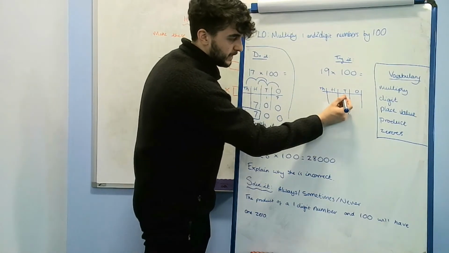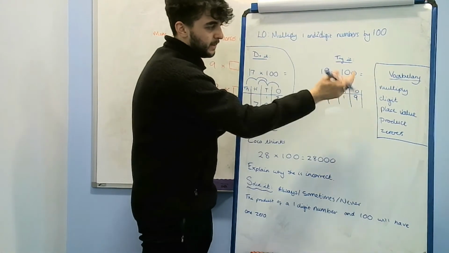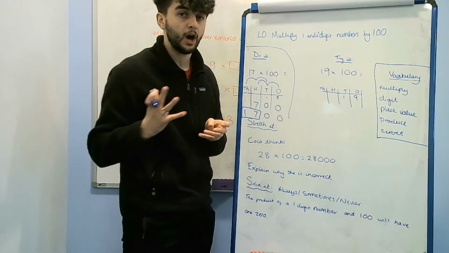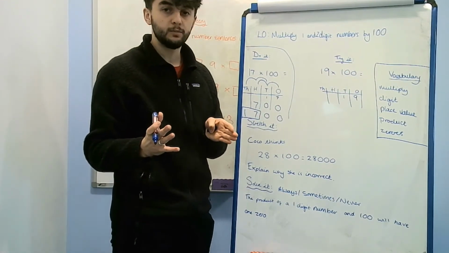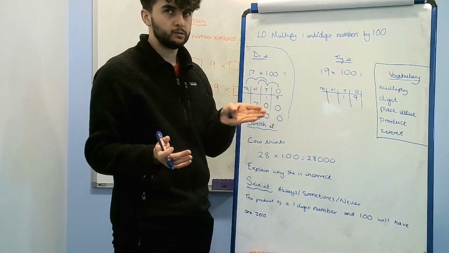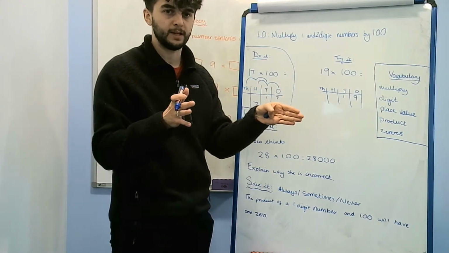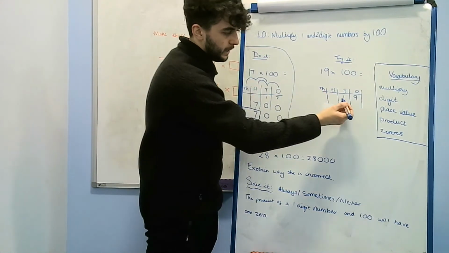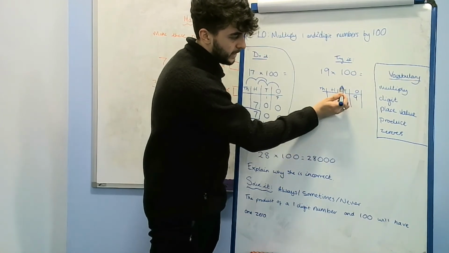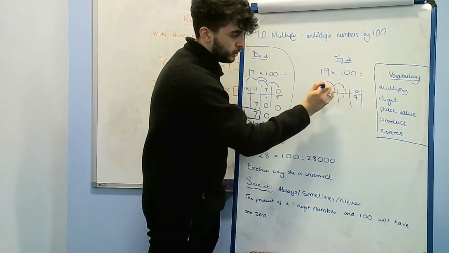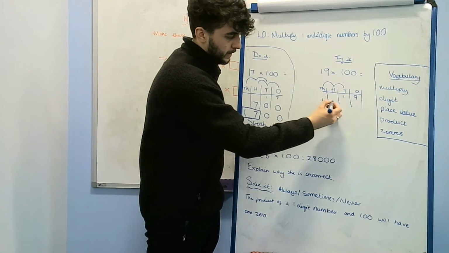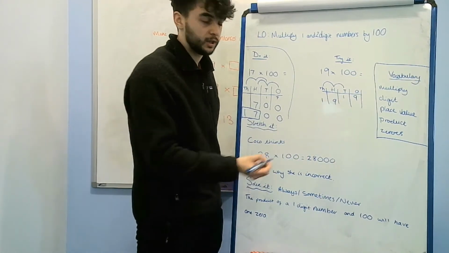Okay, so 19 goes in here. How many zeros? 1, 2. Okay, so I'm making it 100 times bigger, which means I need to move how many steps? 2 steps to the left of our place value. 100 times bigger than 19. So I go from my tens column, 1, 2 steps. Here's my 19, but now it's 100 times bigger.